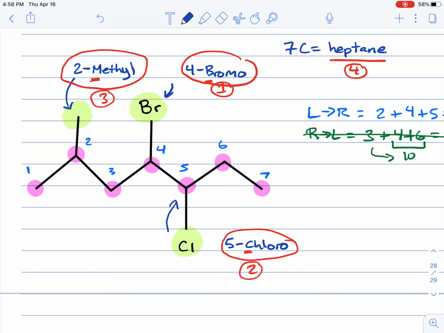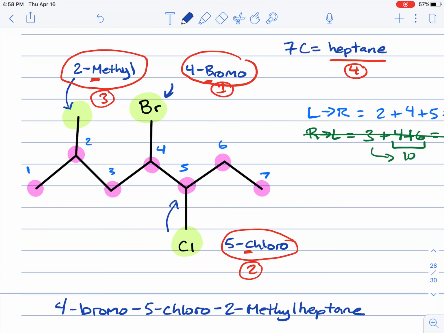Okay, so here I have 5-chloro. Oops, sorry, 4-bromo. So 4-bromo, 5-chloro, 2-methyl, heptane.